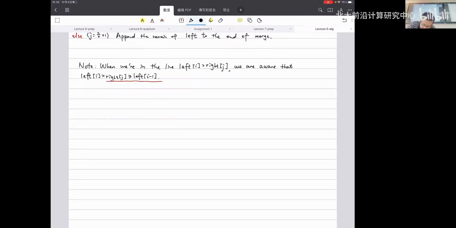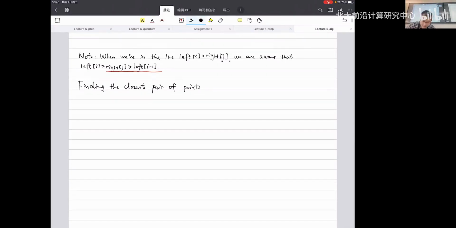So the next example we are going to talk about is finding the closest pair of points. Of course we need to define this. So the problem is that we are given n points in the Euclidean plane, I mean the two-dimensional Euclidean plane.